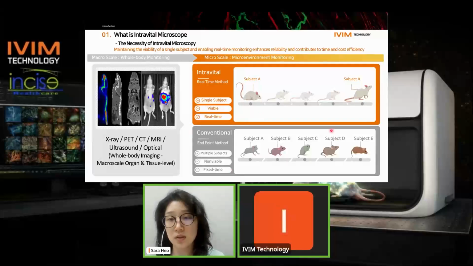Unlike the traditional method, which requires the sacrifice of separate animals at each time point, it reduces inter-animal variability with longitudinal imaging in the same animal. Not only that, the visualization of real-time and cellular dynamics of biological processes offers a deeper perspective in research.